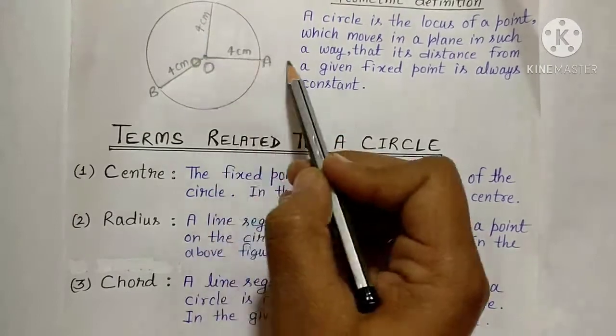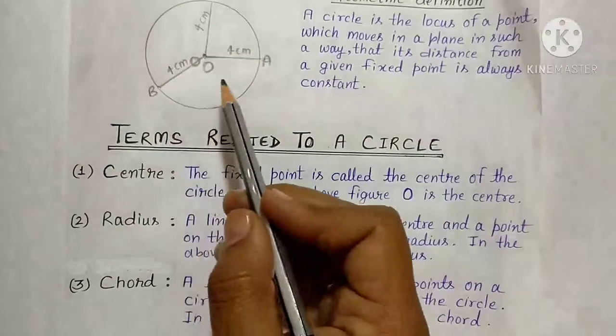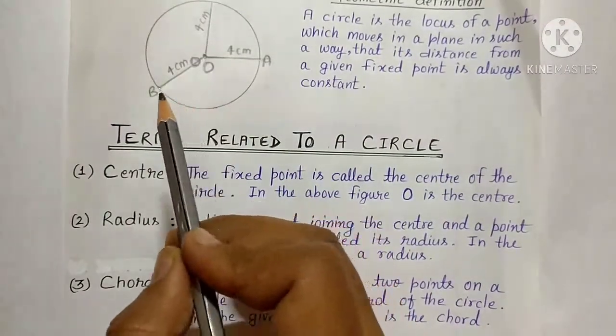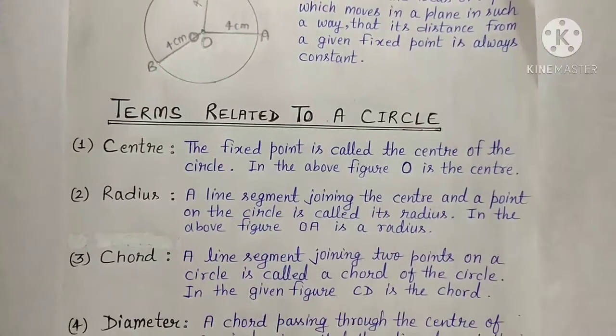Like here, O is the center and I can name this point A. So OA is the radius of the circle, because it is a line segment joining the center and a point on the circle. In the same way, OB also is a radius. So OA is a radius, OB is a radius, and so on. There can be many radii in this circle, and all these radii will be of the same length, remember.